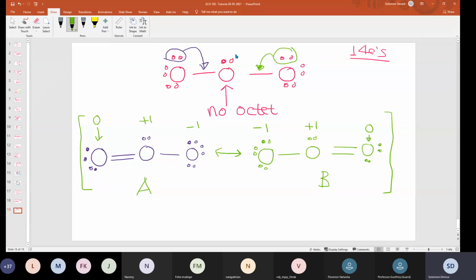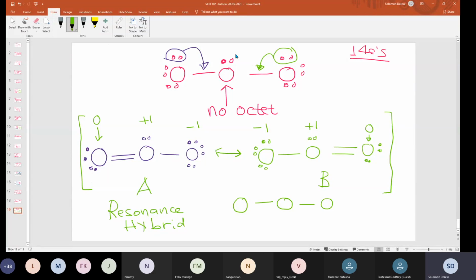If you look at the resonance hybrid of this, you will see, of course, we have oxygen, single bond oxygen, another single bond oxygen.